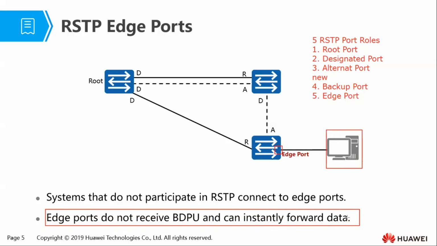Instantly forward data means edge ports can transit from the disabled state or from the blocked state directly to the forward state without taking into account the forward delay. So we don't have to wait for learning to listening. It can really transit that fast, and that is one of the ways in which we improve RSTP network convergence. So that's the 5th port role. Don't forget that.